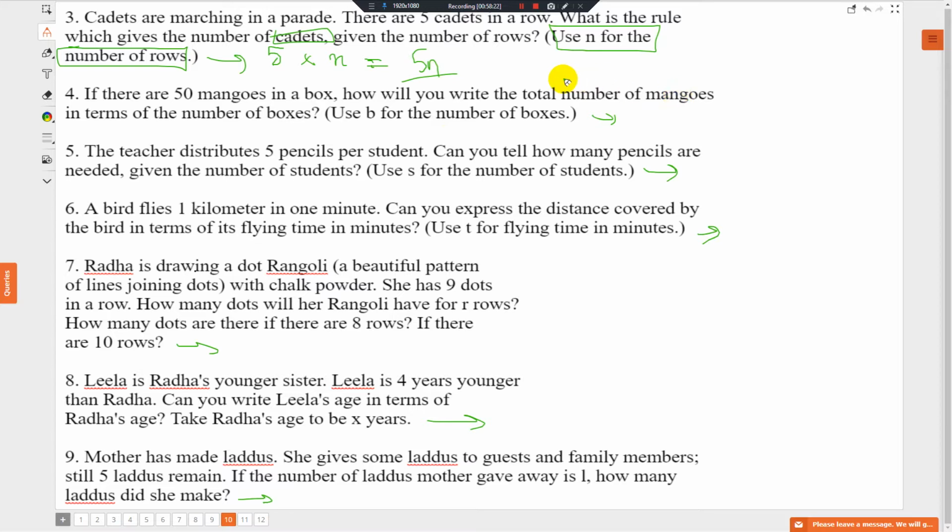See, they have given a particular number of boxes, and we don't know how many boxes. If they have given some number of boxes, we find the total number of mangoes. But the rule, the statement, will be the same.